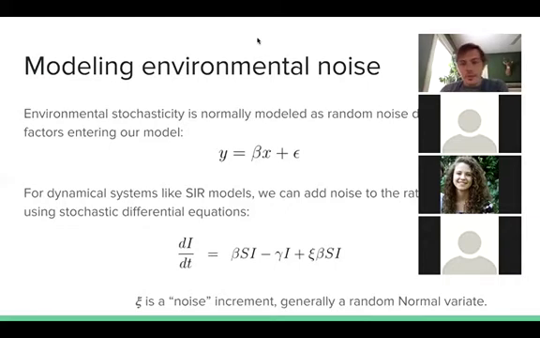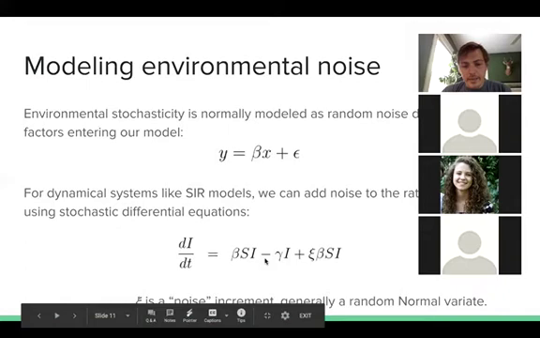And we can do the same thing for dynamical systems, including SIR type models. We can add noise to the rates at which particular processes occur in our differential equation models using what are known as stochastic differential equations. We're not going to go very deep into these at all here. I just want to point out that it's a relatively easy thing you could do if you wanted to. For example, if you're interested in adding environmental noise into our differential equation for the number of infected individuals through time, we could have our standard differential equation of beta SI minus gamma I, so transmission minus the recovery rate.